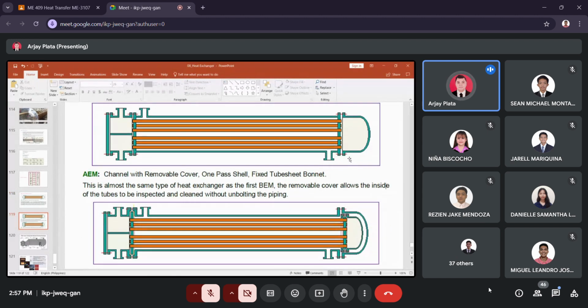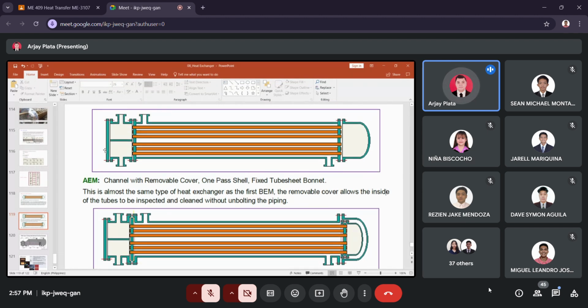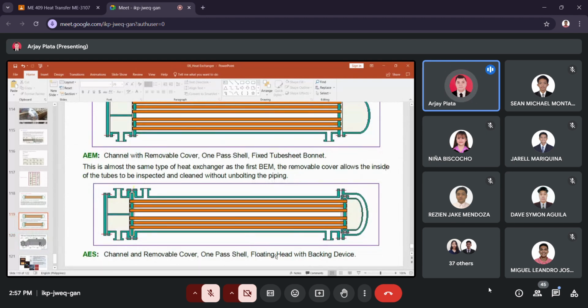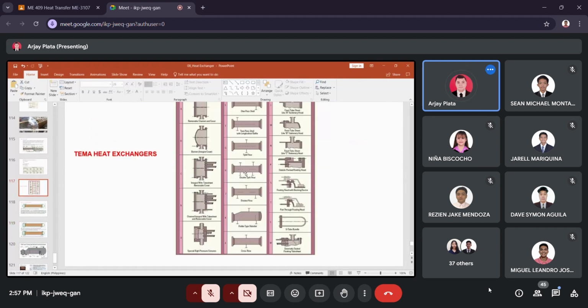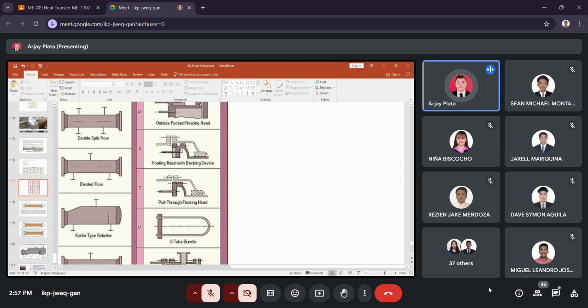So next one is AES, sorry. Almost the same as the previous one: A, one pass shell, removable channel and cover on the left, and then we have floating head. So S is floating. When we check here, S is floating head with backing device. So it's a floating head.